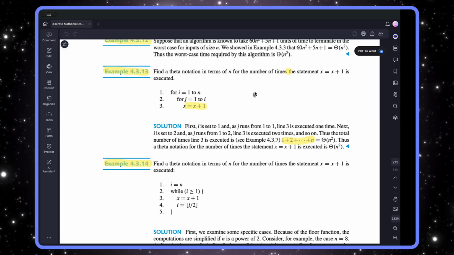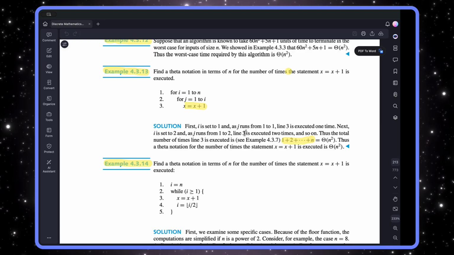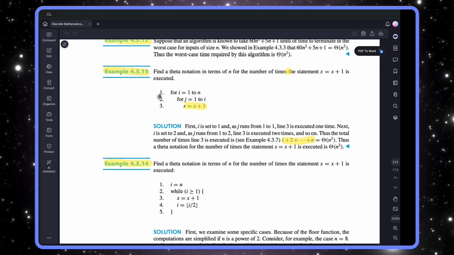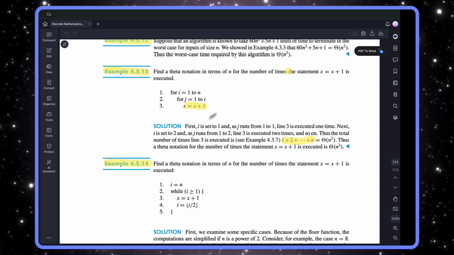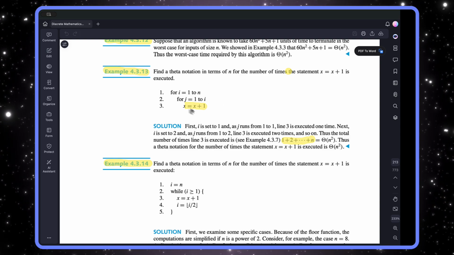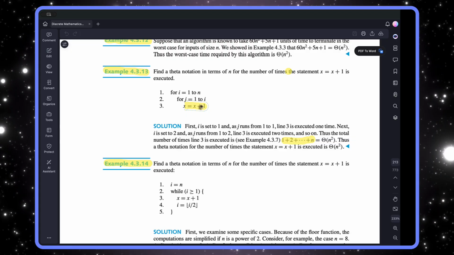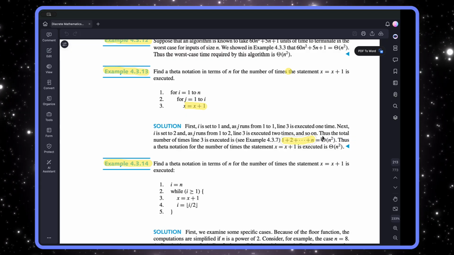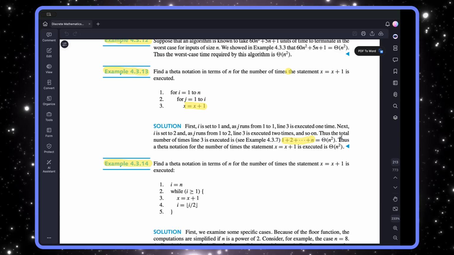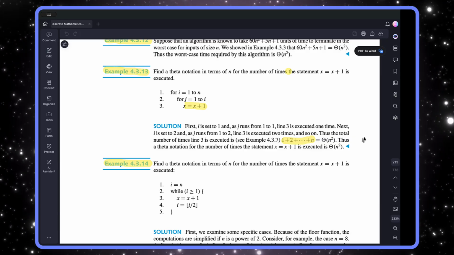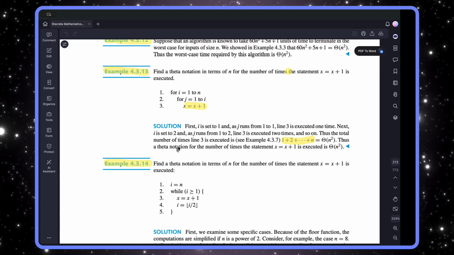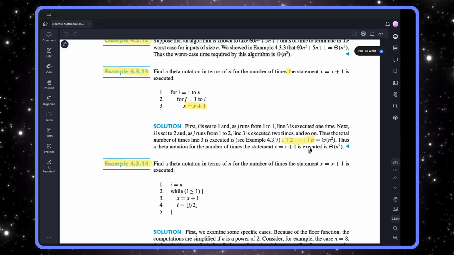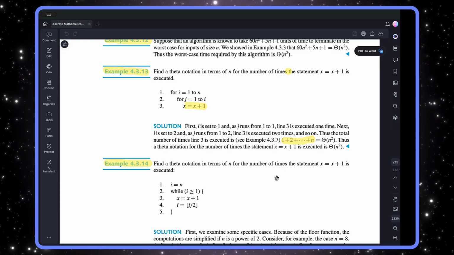When i is 2, it calculates 2 more times. When i is 3, and so on. So the number of times that the statement x equals x plus 1 is executed is 1 plus 2 plus 3 all the way out to n, and that's of order n squared. Thus, the theta notation for the number of times the statement is executed is order of n squared.